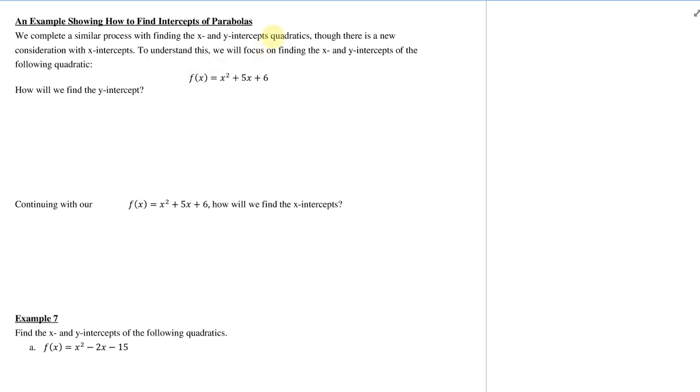So first of all, let's talk about finding the y-intercept. The y-intercept is always just found by plugging in 0 for x, so that's always going to be the more straightforward one. Let me write that down.